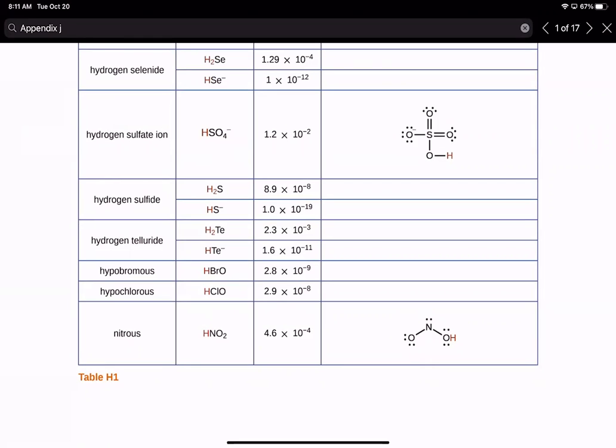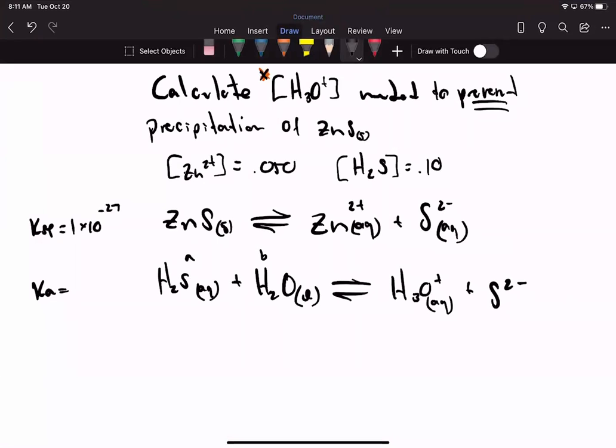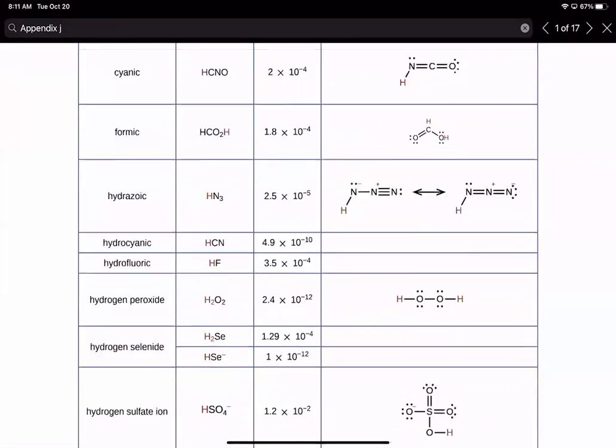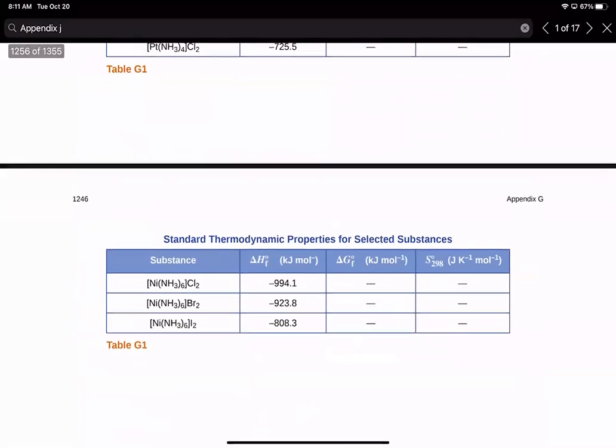My notes offer something different. Let's take a look at something.